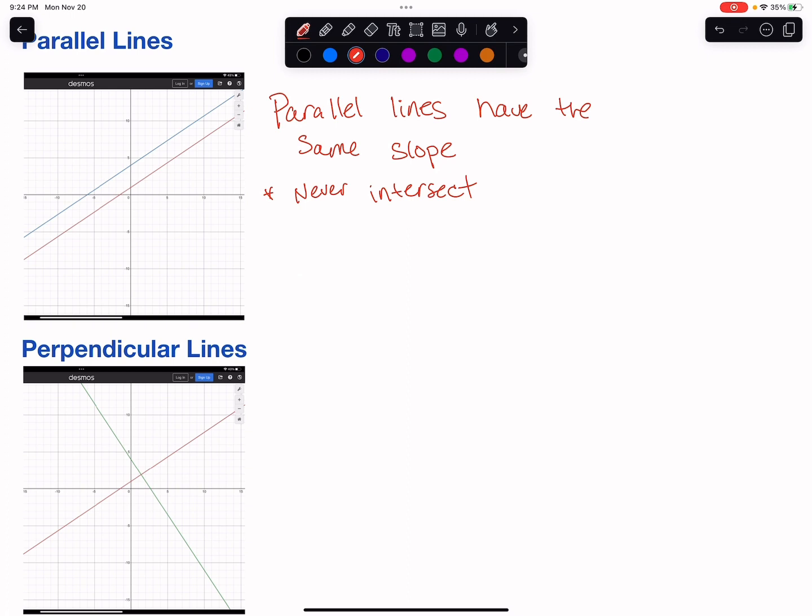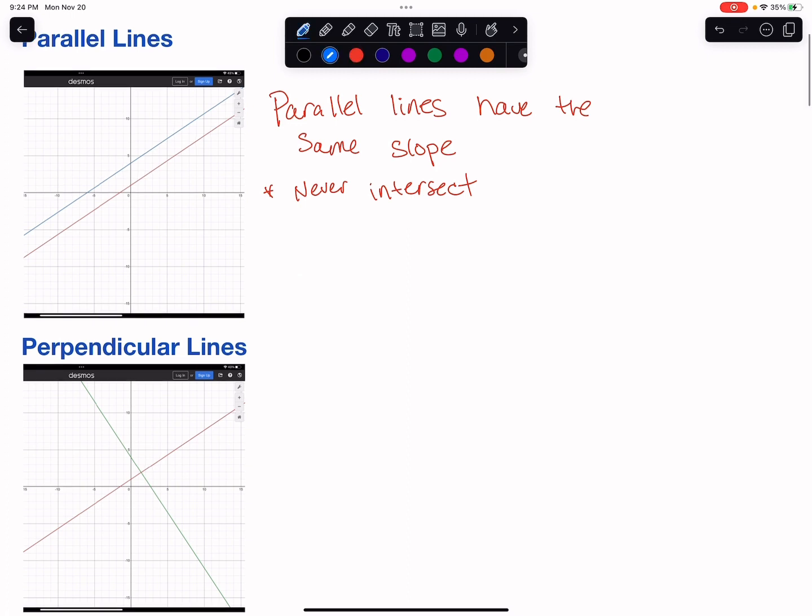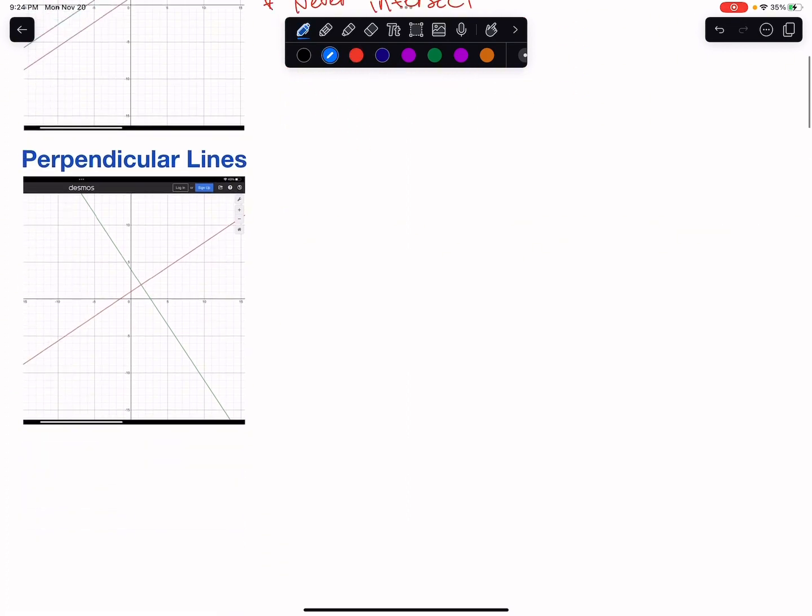And then perpendicular lines, in order to be perpendicular, two things have to happen.